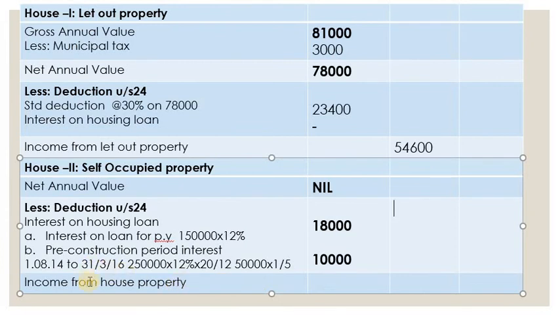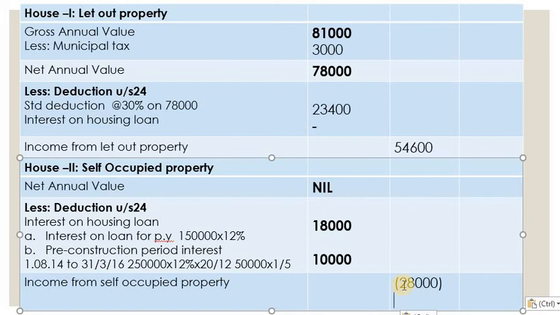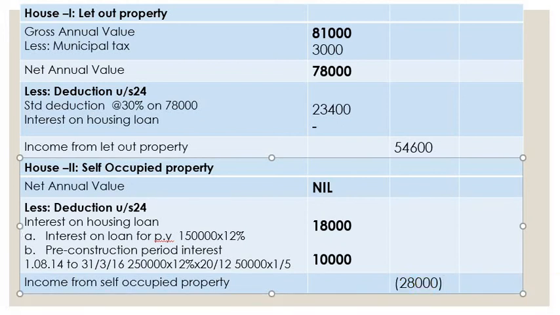So income from self-occupied property is minus 28,000, a minus figure because there is no income here, so write it in brackets. I am going to write this amount outside the column so that while calculating the total you can easily calculate it. Okay, so self-occupied property is over.